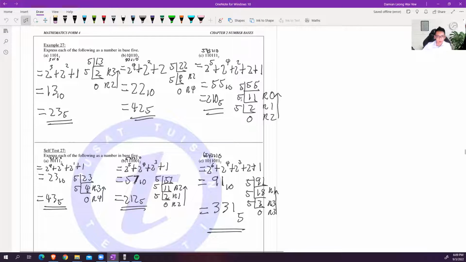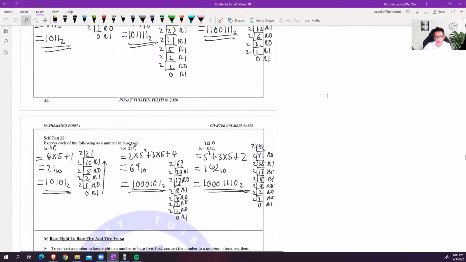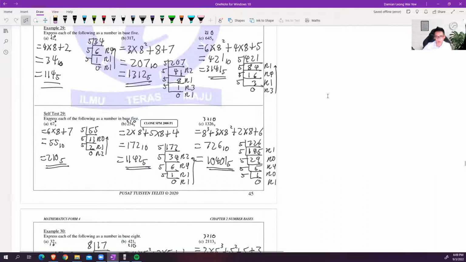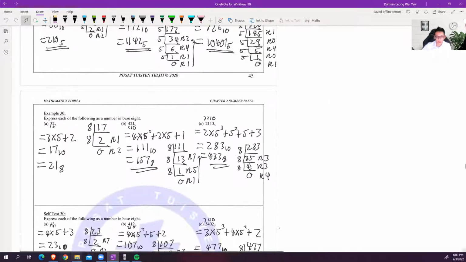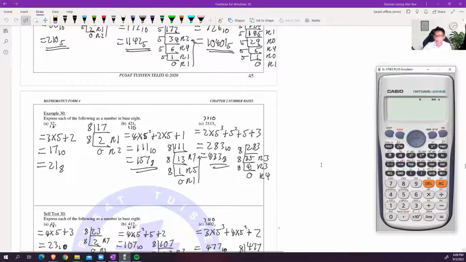Of course, for addition and subtraction of different bases, you can use vertical addition and vertical subtraction. And then also, your calculator has base numbers. Okay, just press mode until you see base. Select that one.